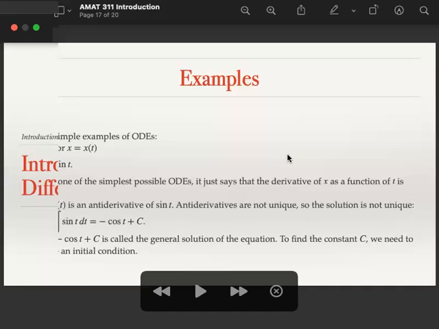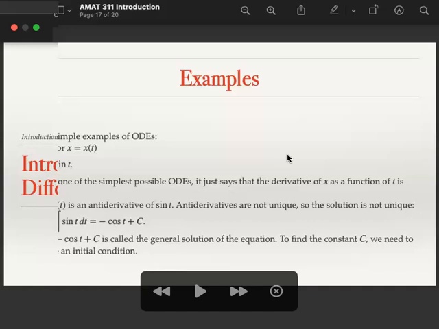One straightforward way of doing it is we use the solution that we already found on the previous page. On the previous page, we found that the solution in general is of the form minus cosine t plus a constant. But now, because we have an initial condition, we can determine the constant. We look at this general form of the solution here, and we plug in. What does the condition say?